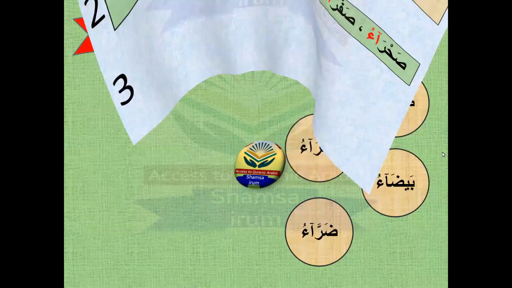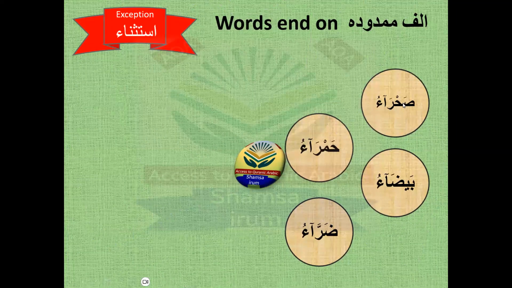Let me give you some more words: Sahara', Hamra'u, Bayda'u, Darra'u. Even if you don't know the meanings of these words, you still know the gender. You can say they are feminine. All these four are feminine because you can see the sign in the end, alif and hamza.